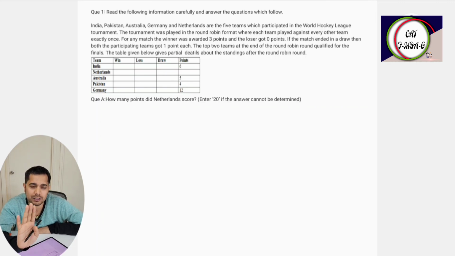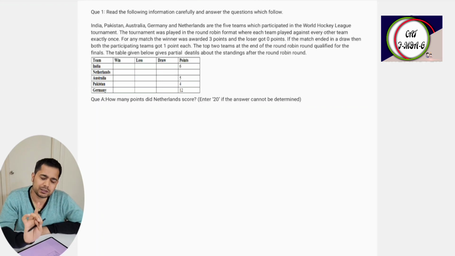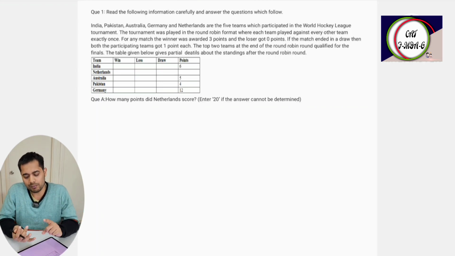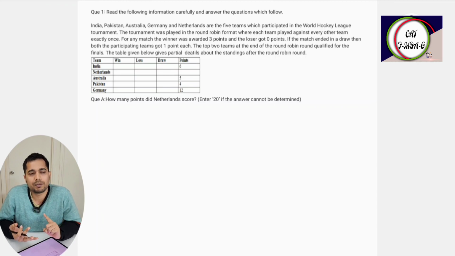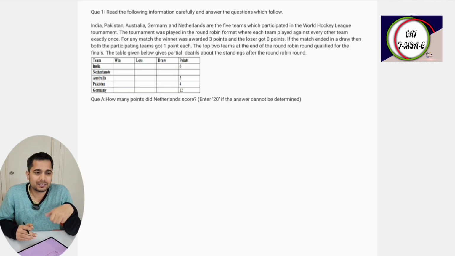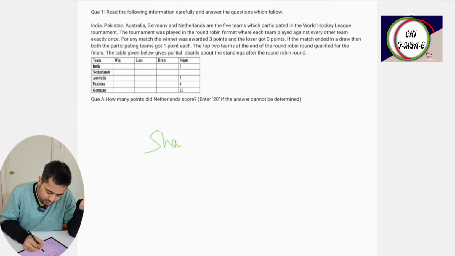Believe me, in the exam you will be able to get, in particular in DILR, easily around 98-99 percentile. Just practice one set daily. That set can be games or tournaments, that set can be puzzles. Try to solve different kinds of sets. That set can be a sudoku puzzle, that set can be any puzzle from your mobile game. There is a book named after Shakuntala Devi.